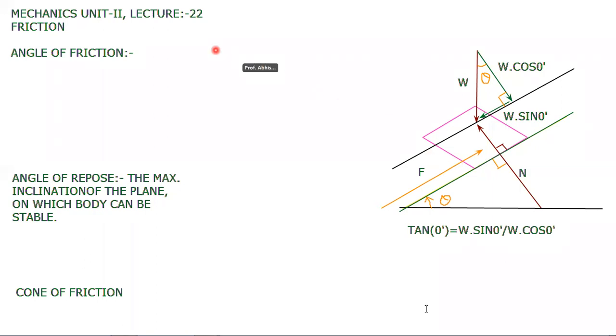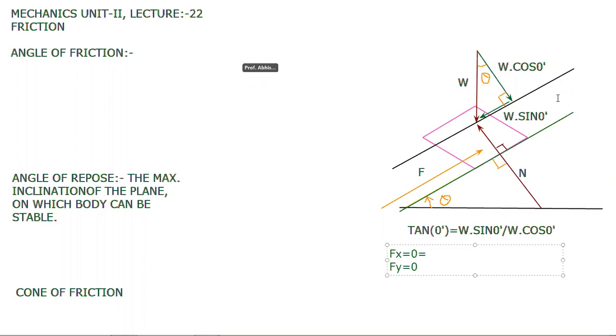Here you can use the condition of equilibrium, meaning your body is in a stable condition. This block is neither moving downward nor moving upward. So you can use the conditions of equilibrium: summation of Fx is equal to 0 and summation of Fy is equal to 0.